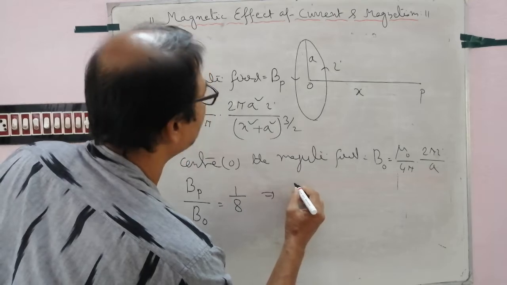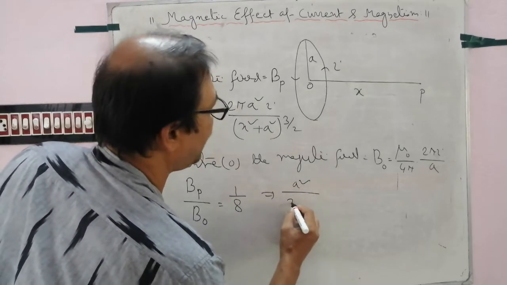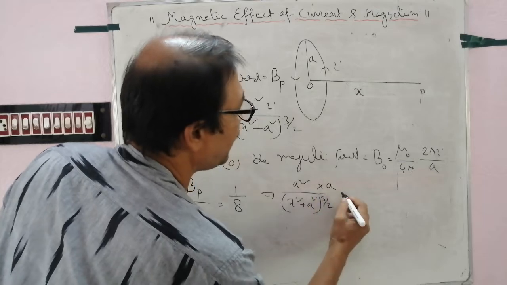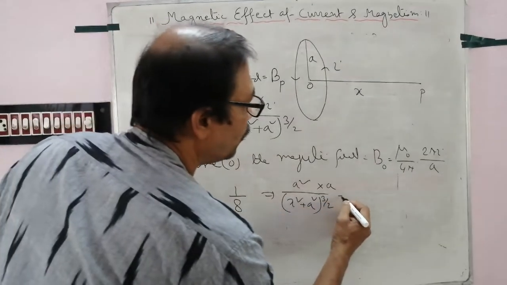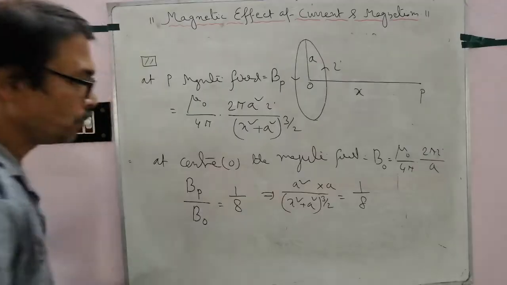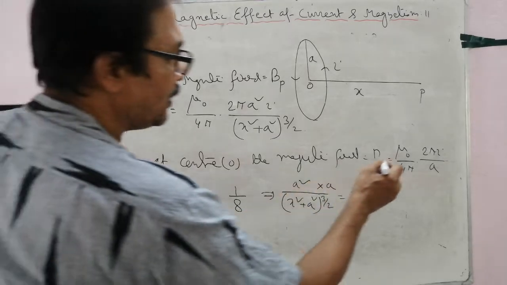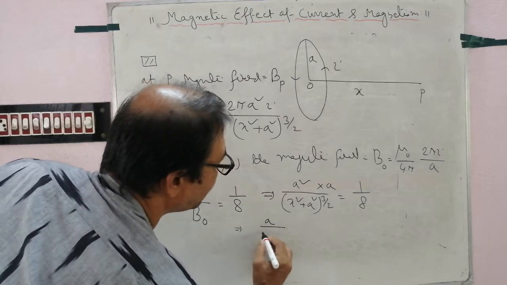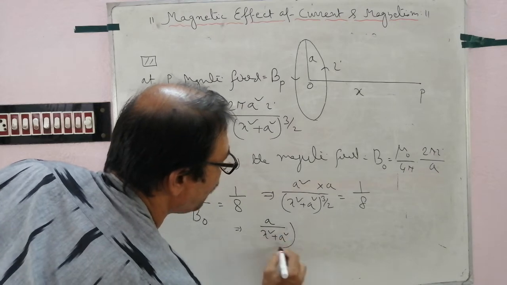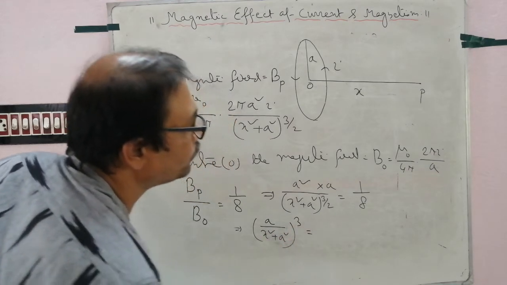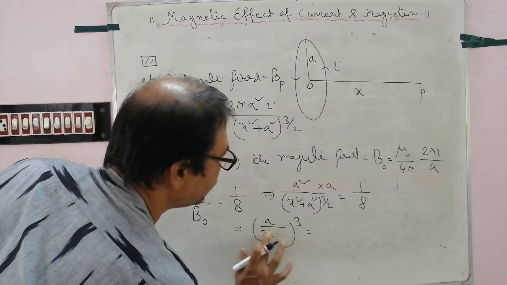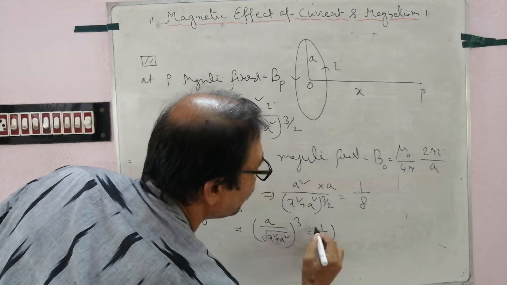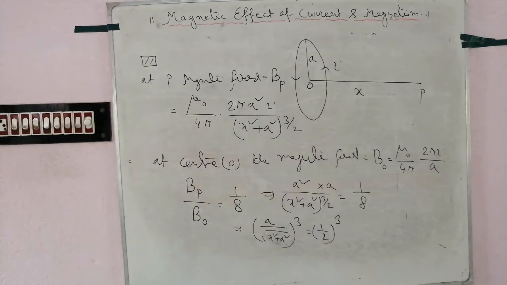We get a square by x square plus a square whole to the power 3 by 2 into A equal to 1/8. Follow? Simple algebra.